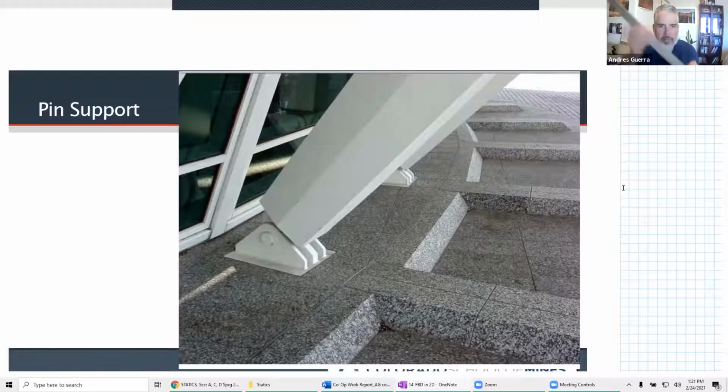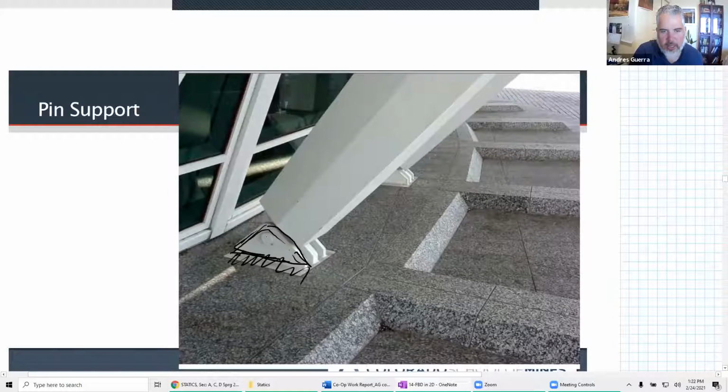In this picture, the pin is fixed down to the rest of the world, like the flanges, these triangle-shaped things attached to the pin, which are attached to the rest of the world. But then we see the pin going through the object.